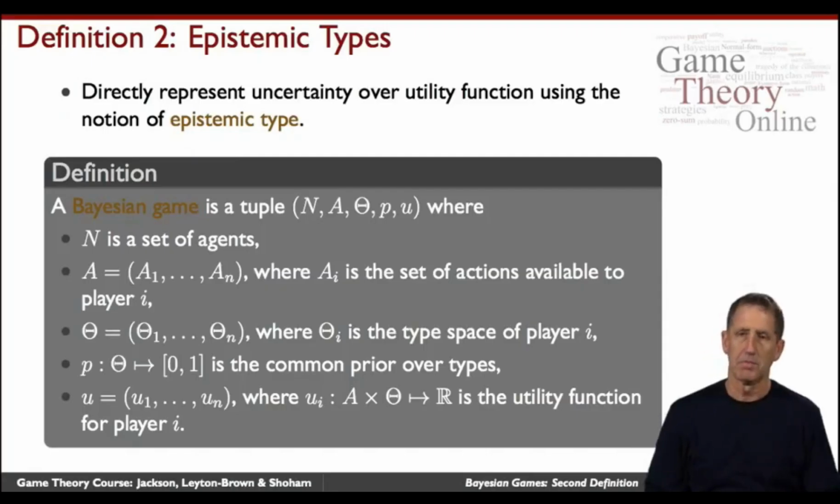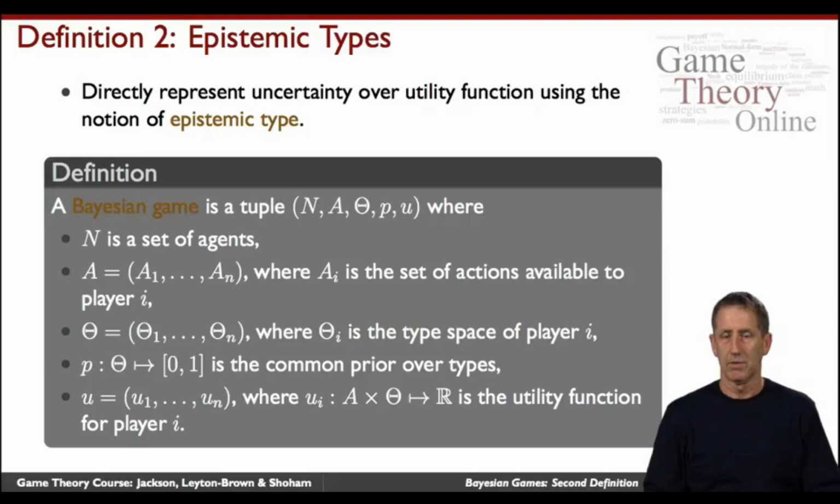It's based on types, or more fully epistemic types. And the type of the agent is supposed to capture everything that's private information to the agent.